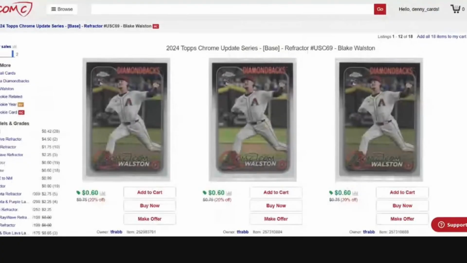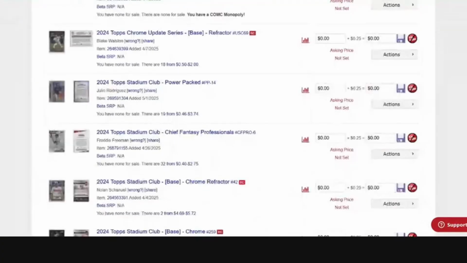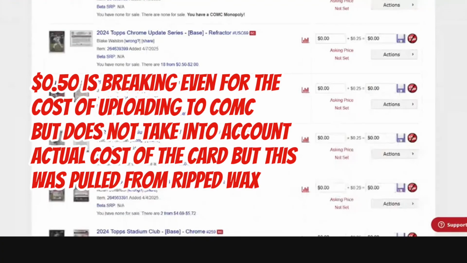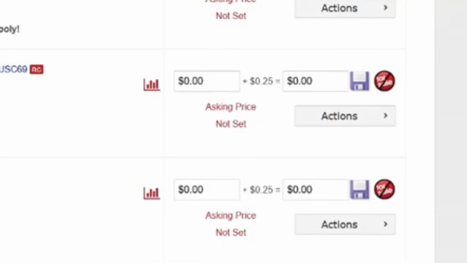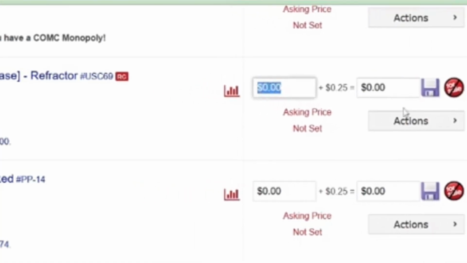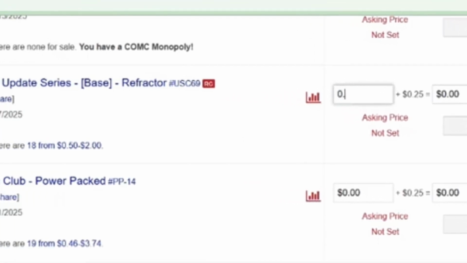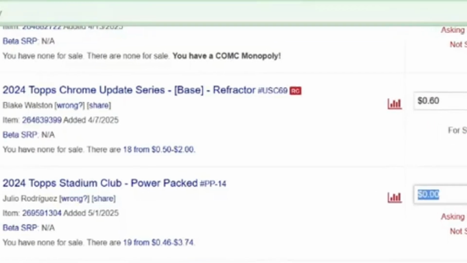If I do 50 cents, I imagine that just gets me the amount back for what I put into it, right? I got charged 50 cents for them to upload it. And so if I charge 50 cents, I guess it's free. But then there's this 25 cent here. That's probably COMC's fee. So let me do, what did they say? 60 cents was like the low. Let's do this one for almost like a freebie. 60 cents. Let's do 60 cents.